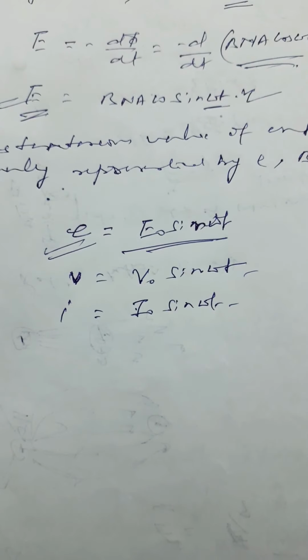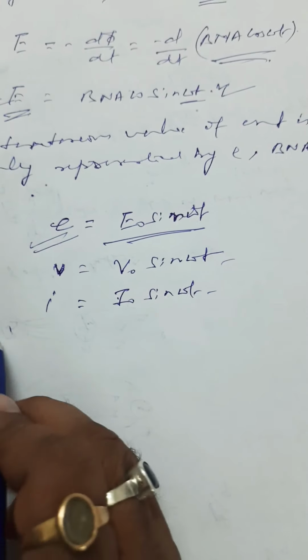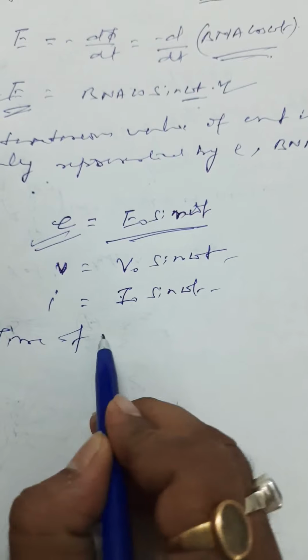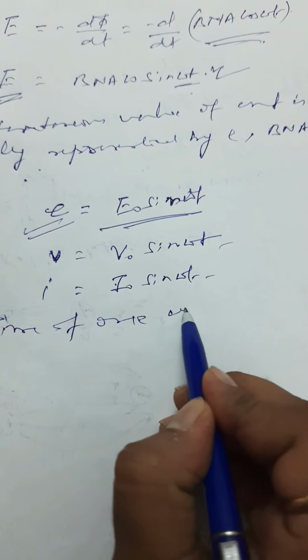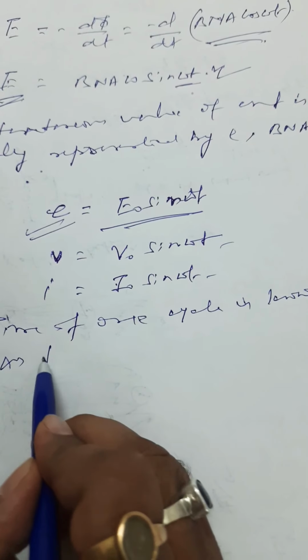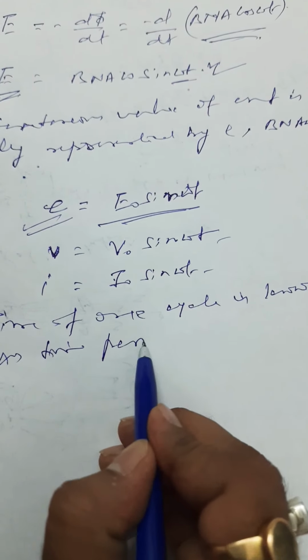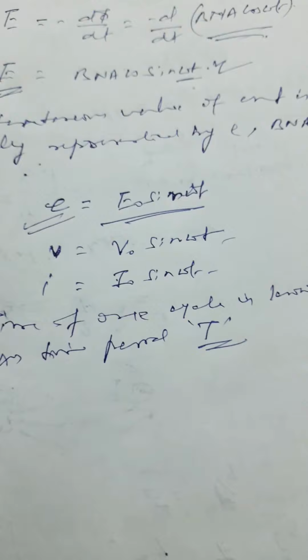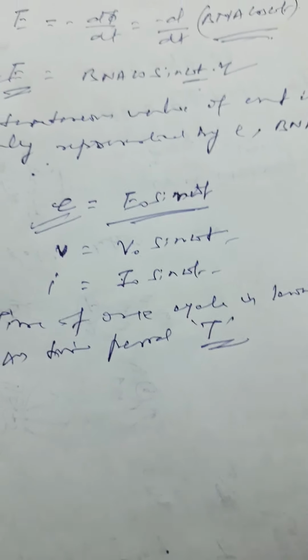So the time of one cycle is known as time period, and that is capital T. The number of cycles per second is obviously its frequency.